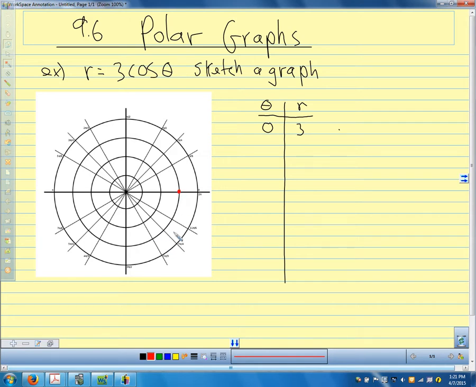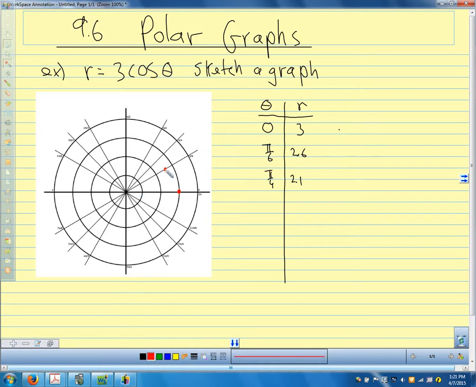So I get a point at 0, 3. And then I'm going to plug in pi over 6. When I calculate that, I get about 2.6. So here we are at 2.6 out there. Then pi over 4, I end up at about 2.1.